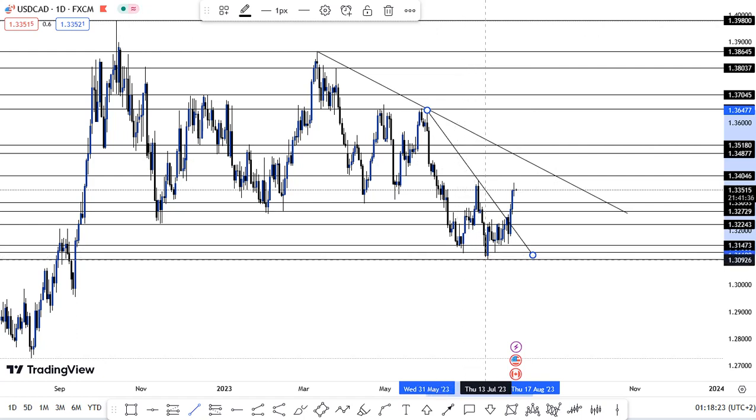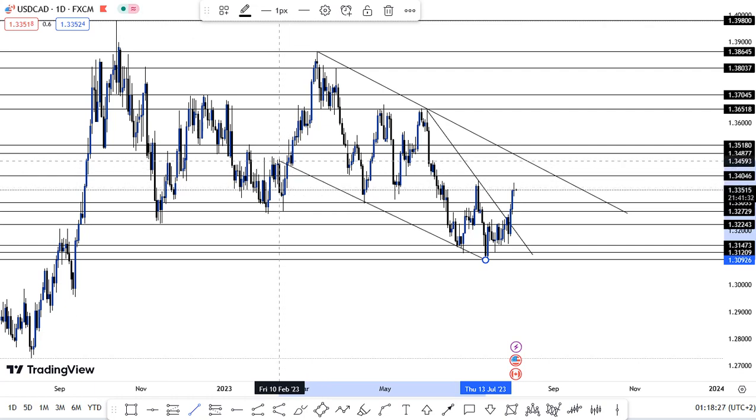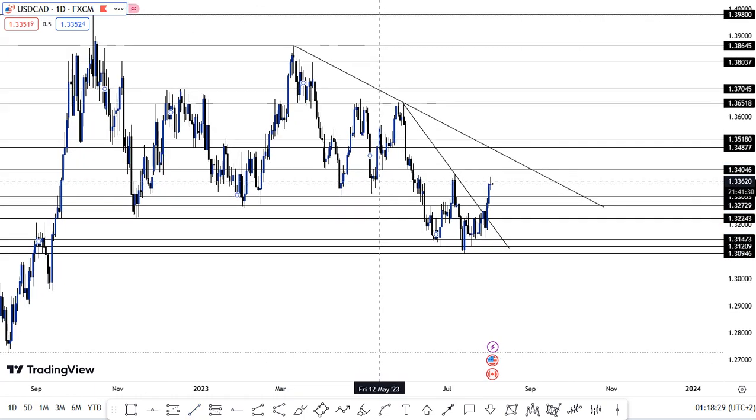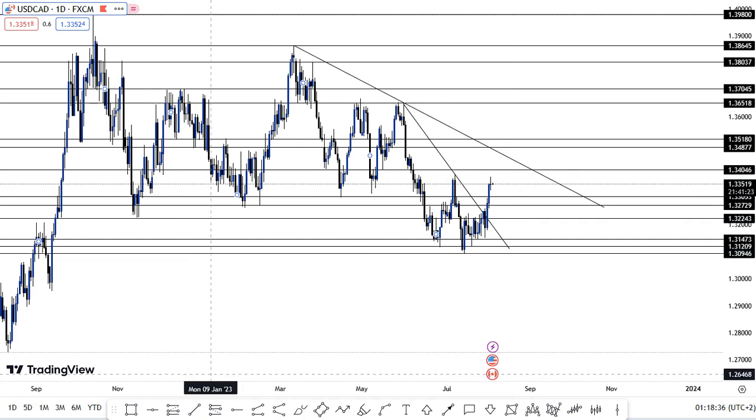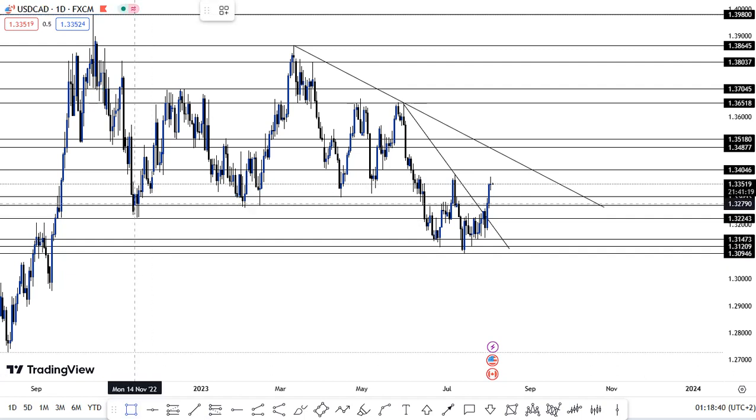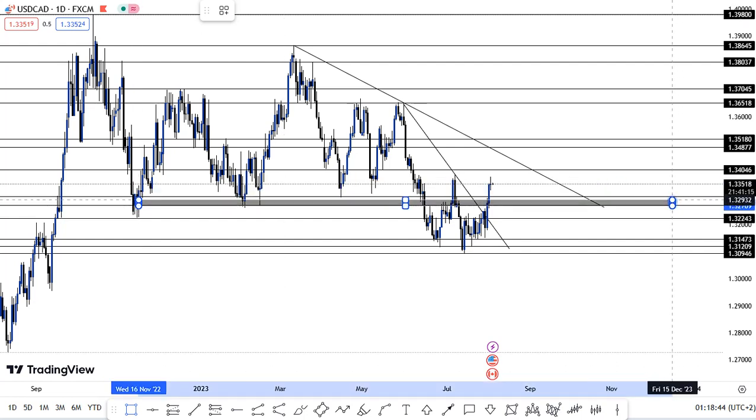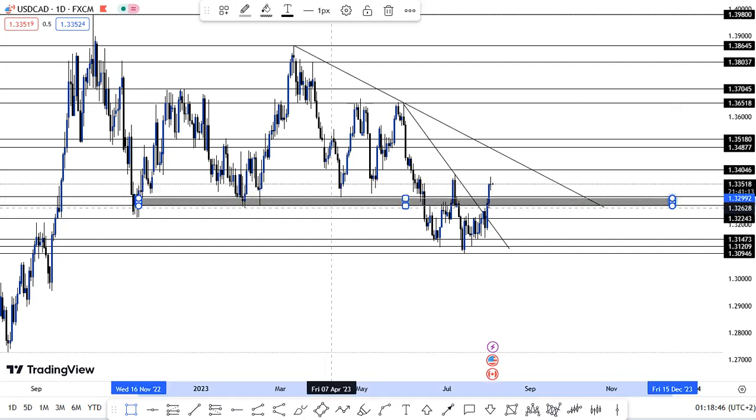So I feel like this will be invalid for me. So I'm gonna remove this one. Since we have these, we can mark this here as our strongest level, and we're gonna adjust it when we get to smaller time frames.